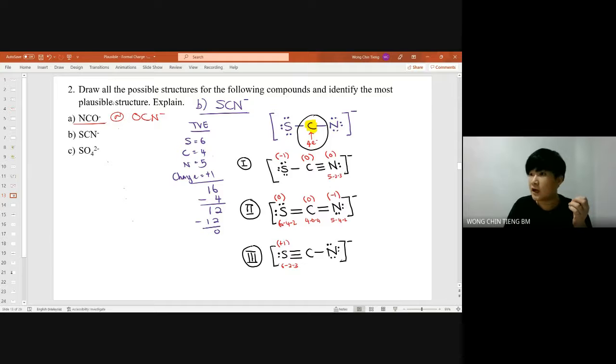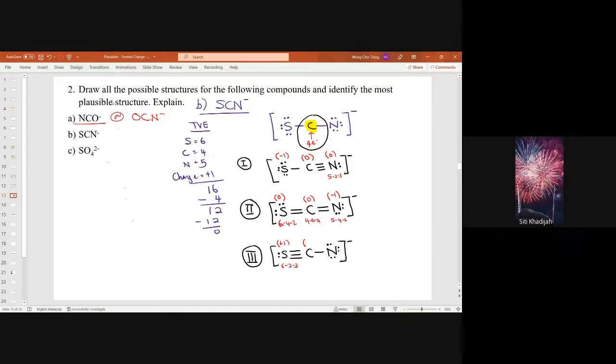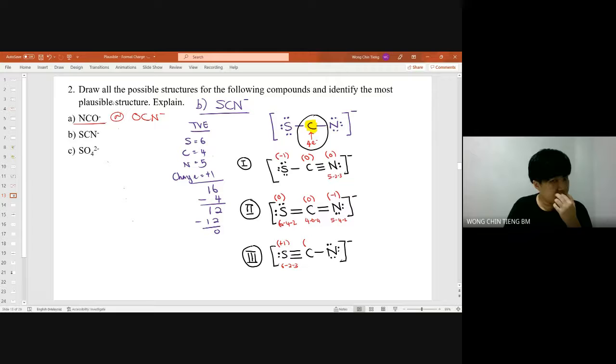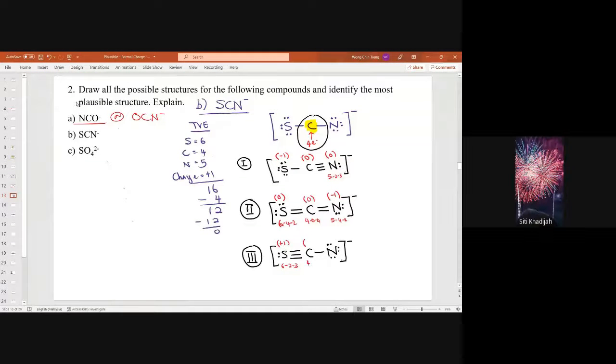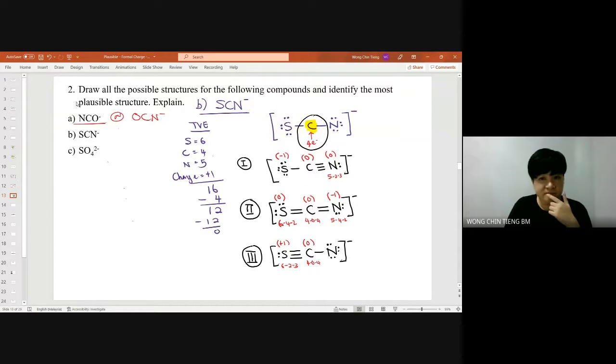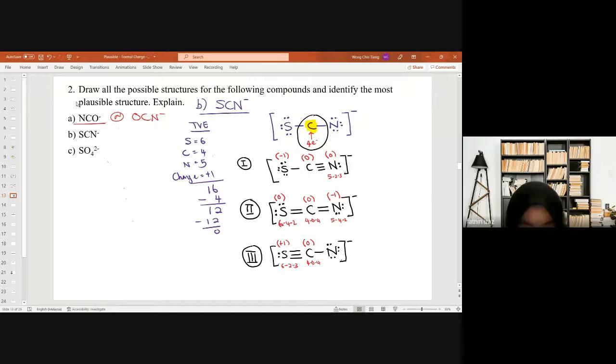Thank you. I want Khadijah. Here, miss. Carbon. 4 minus 0 minus 4. So you got 0. Last but not least, Fatni. 5 minus 6 minus 1 equal to negative 2.